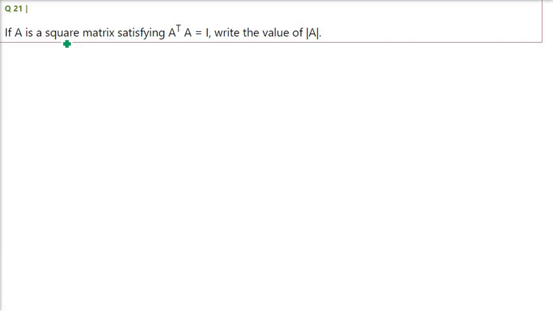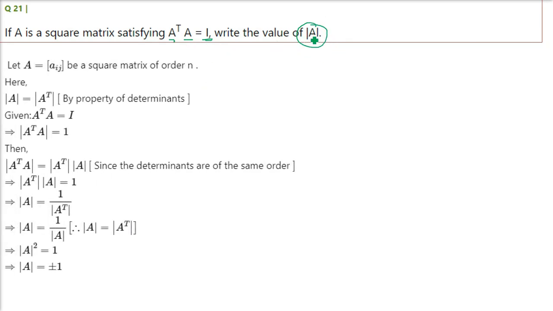If A is a square matrix satisfying A transpose A equals the identity matrix, write the value of the determinant of A. Please remember, if you find the determinant of a matrix, and you take the transpose of that matrix and take the determinant, they won't change.